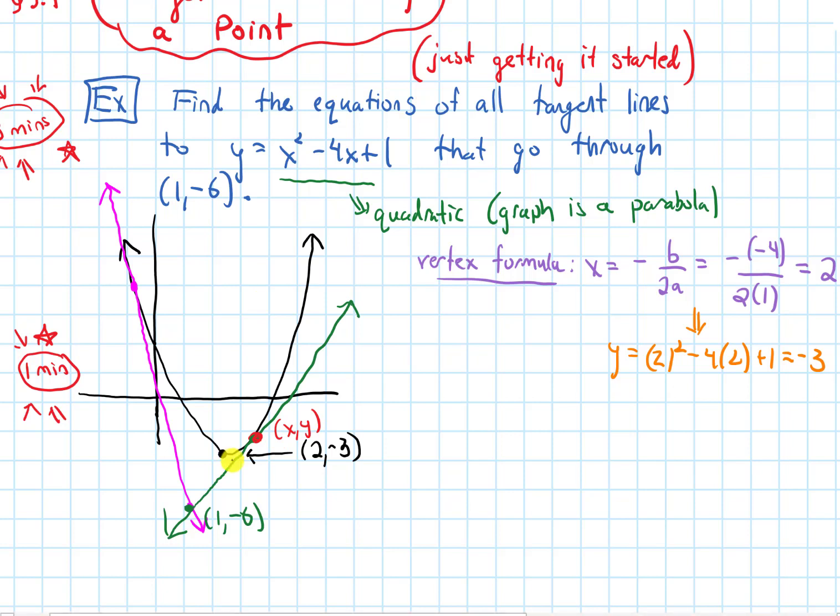One key thing is that this line is tangent to the curve. So maybe if we can find the slope of the tangent line, that'll be useful, because the slope of the tangent line is the derivative. The derivative of y is 2x minus 4. This represents the slope of the tangent line.